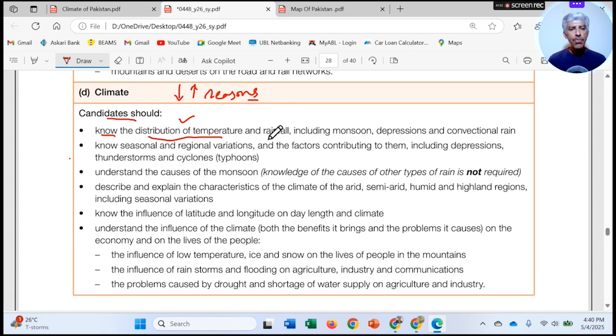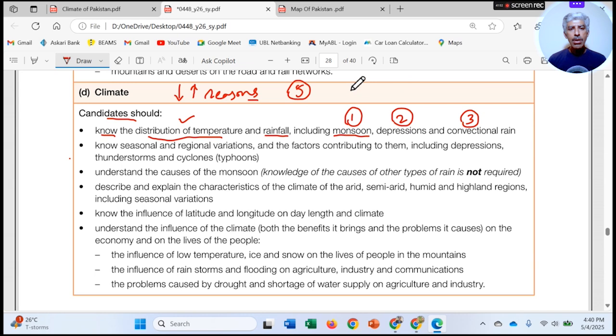And then the rainfall systems. As we know, in this whole unit the rainfall systems are 5, but the syllabus says that you are supposed to learn about monsoon, western depressions, and convectional currents.